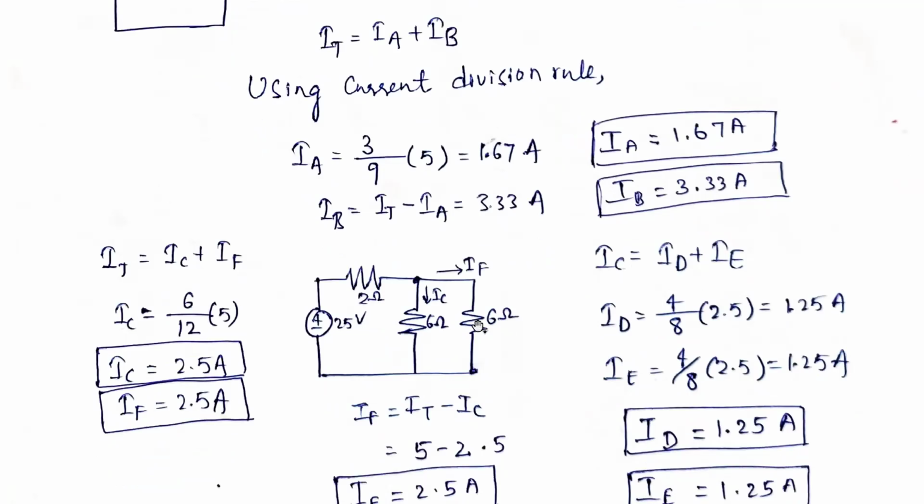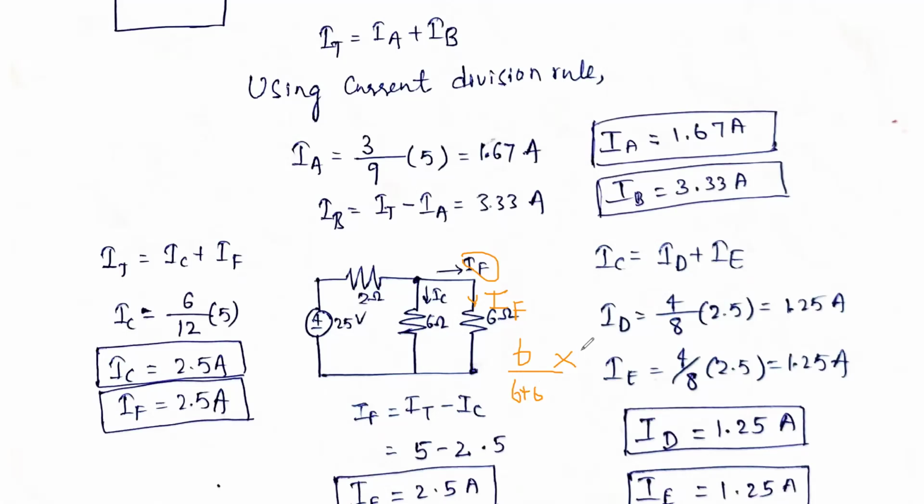So IF is equal to opposite resistance. What is this resistance? We need to find out the current, this is nothing but IF. How to find out this IF? Opposite resistance is 6, so 6 divided by total resistance, 6 plus 6, into the current.